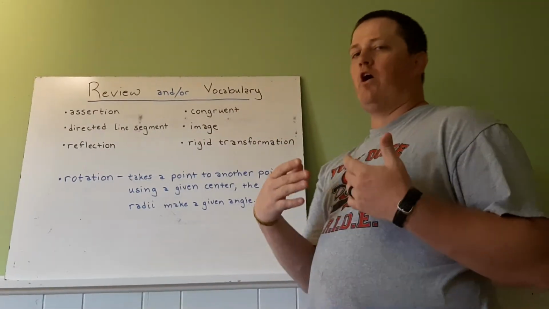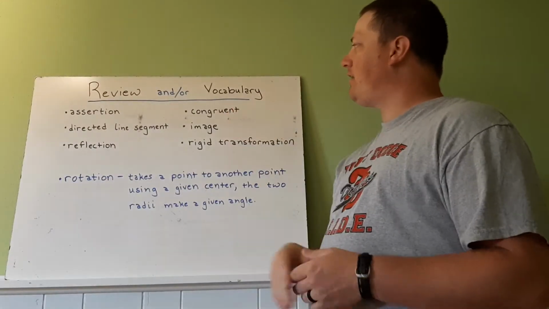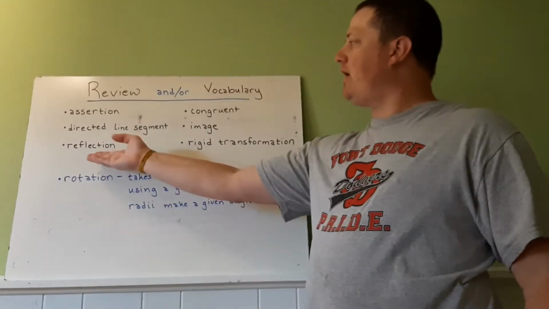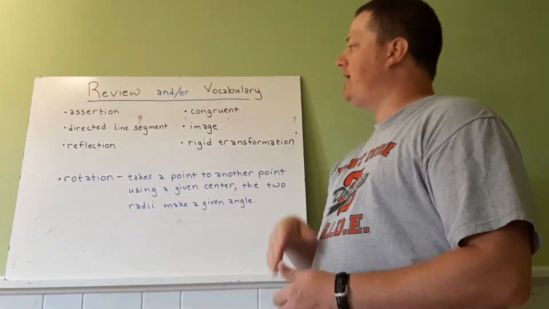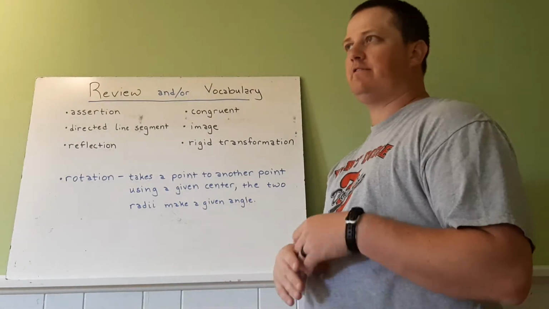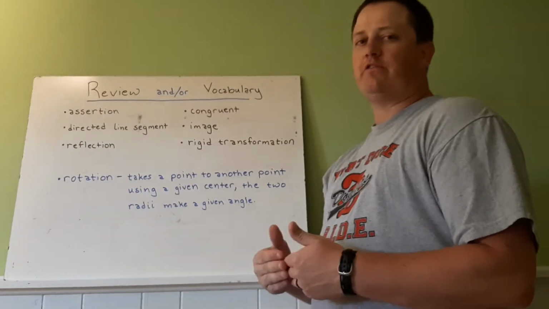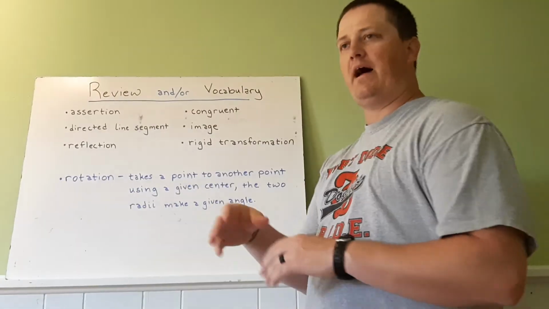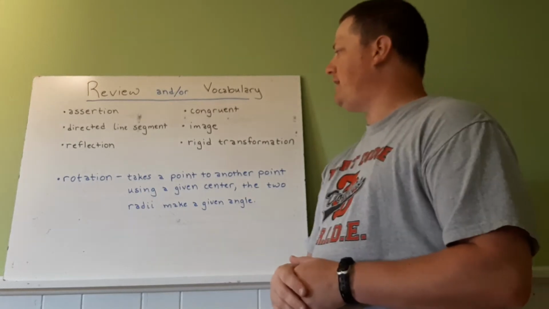An image is our new picture that is typically congruent. A reflection is where we have our mirror line and we reflect the object across it. And then we have a rigid transformation, which is just the changing of a shape from one spot to another spot by rotating, reflecting, or translating.